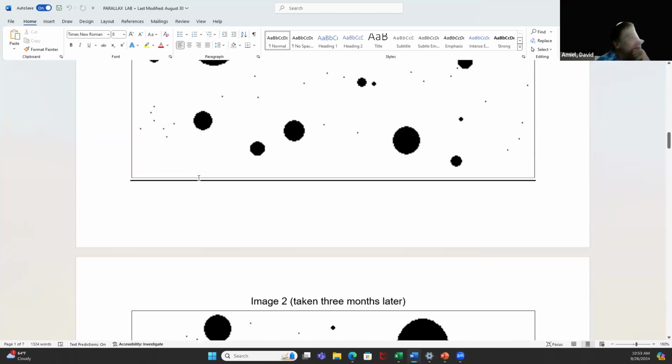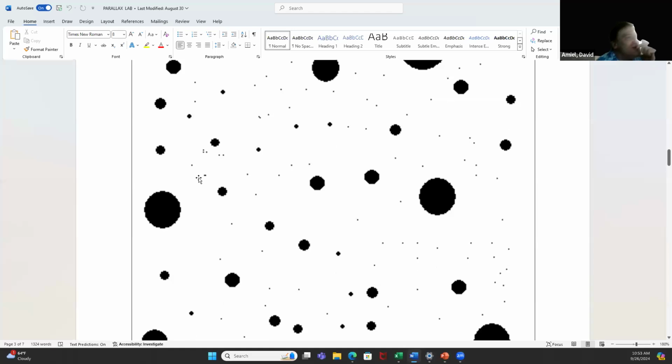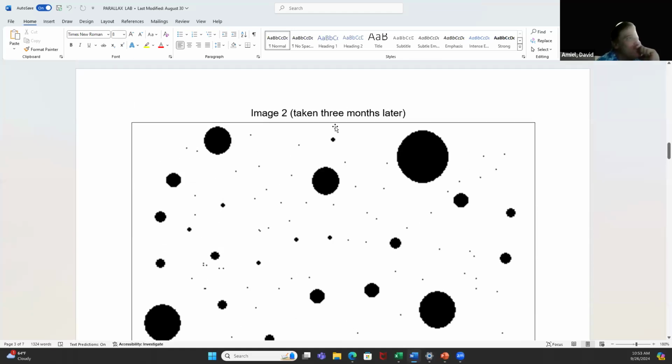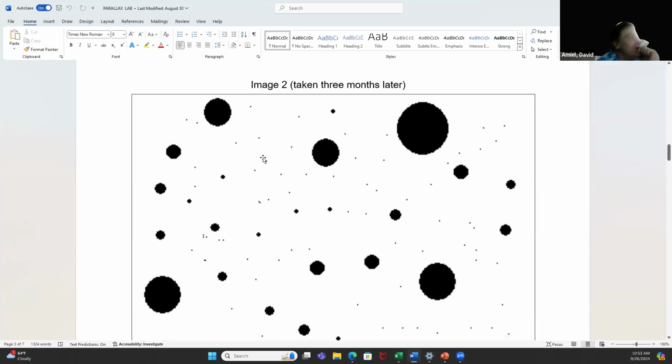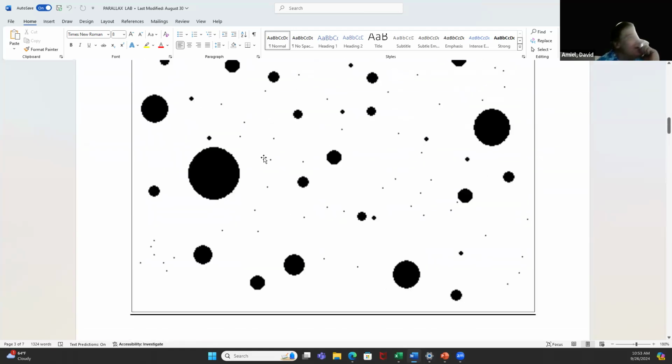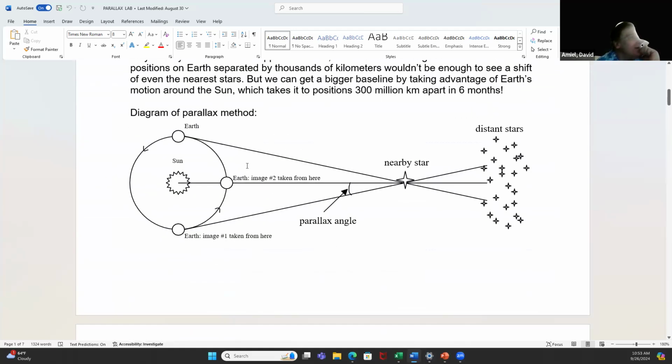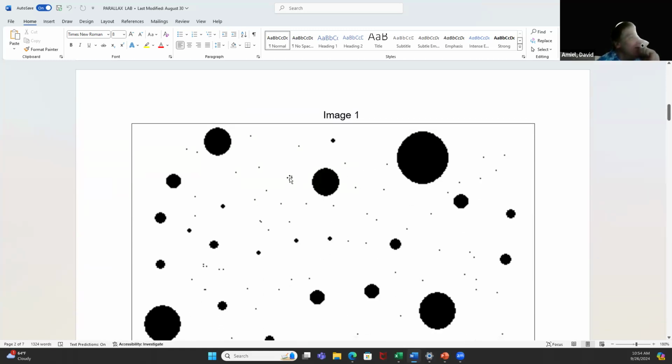And then image 2 is 3 months later, from exactly the same direction in the sky, and we see a bunch of stars again. But the position of the stars has shifted.